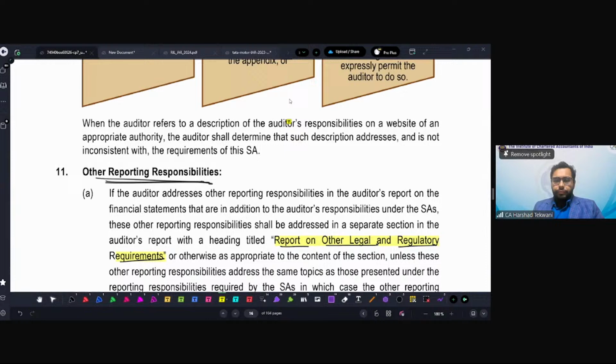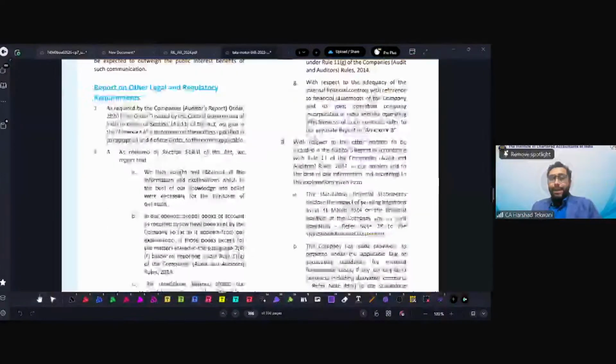So director's report? No, there's one important section on which you are required to report. 143.3. Yes, absolutely correct. So there are matters enumerated in section 143.3 of the Companies Act plus Caro.